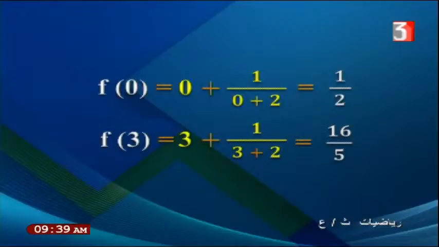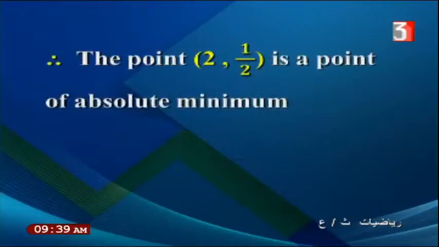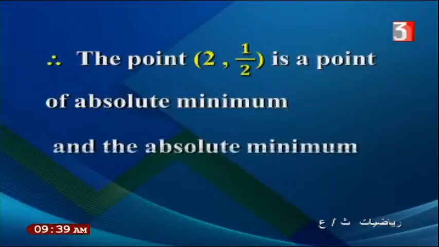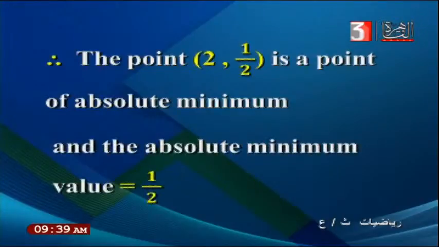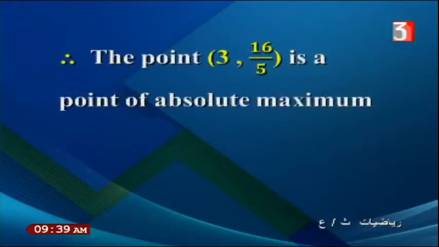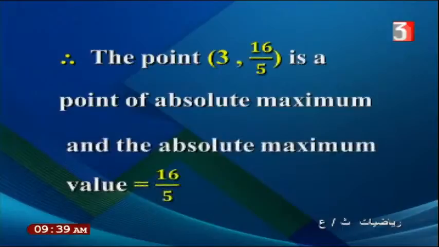Then the point (0, 1/2) is a point of absolute minimum, and the absolute minimum value equals half. And the point (3, 16/5) is a point of absolute maximum, and the absolute maximum value equals 16 over 5.